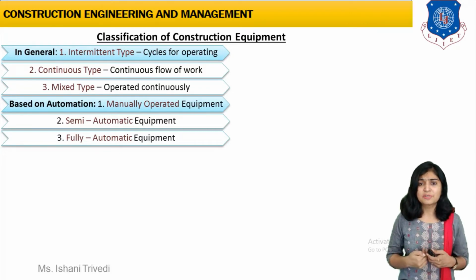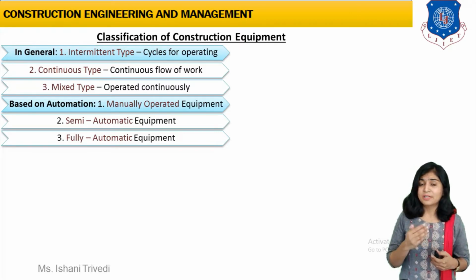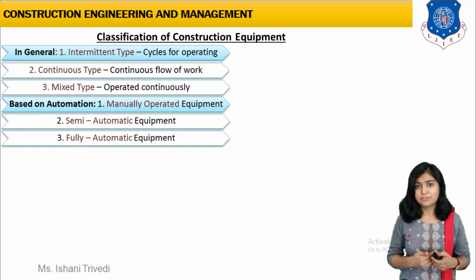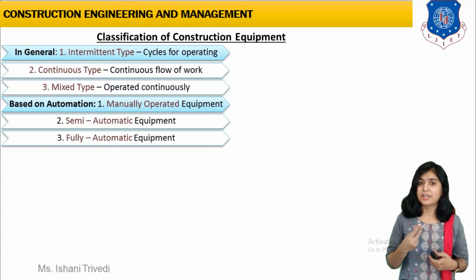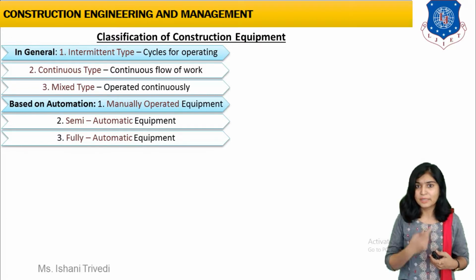The next classification of equipment is based on automation. Again I am going to take the example of concrete mixers, because we have manually operated, semi-automatic, and fully automatic ones. Likewise, we have cranes, some semi-automatic and some fully automatic.